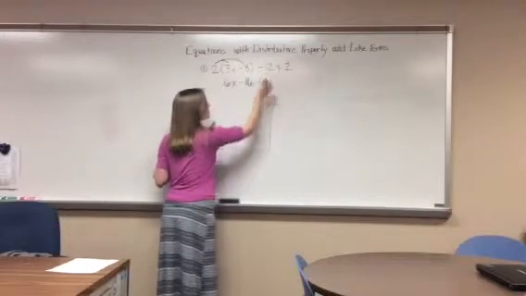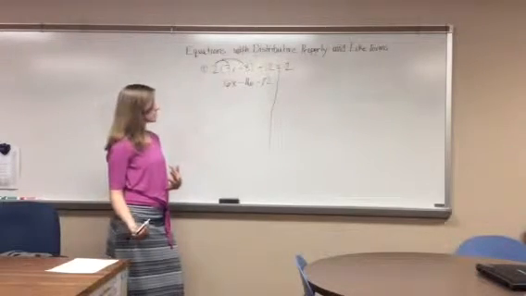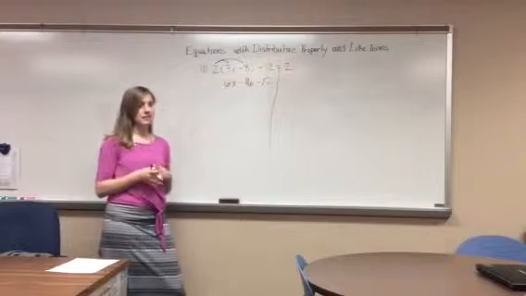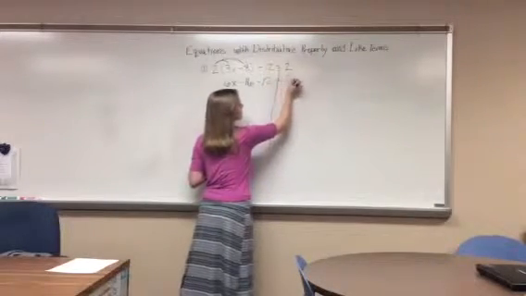Minus 12, now I do not multiply the 12 by the 2 because it is outside the parentheses. Only multiply what's inside the parentheses. And then my equal sign comes down and I bring down this 2.